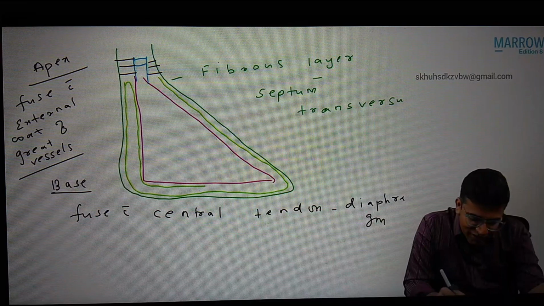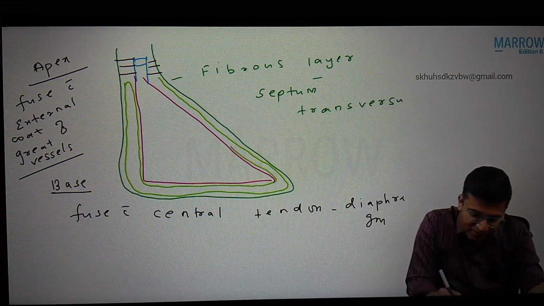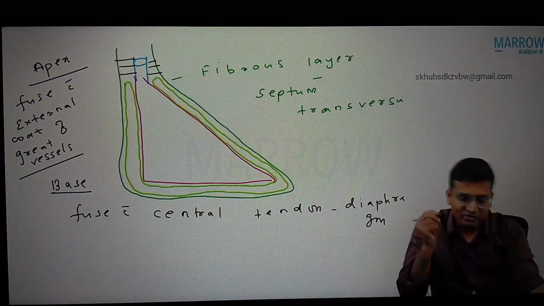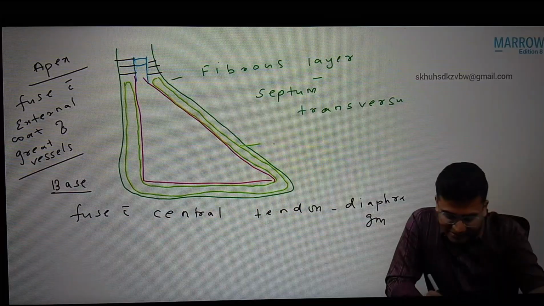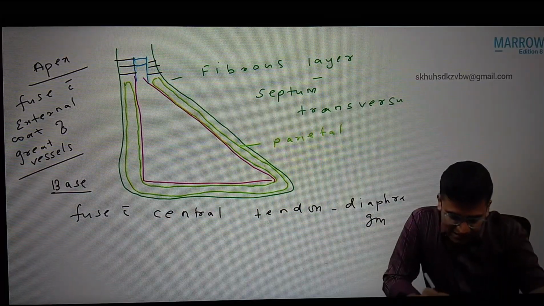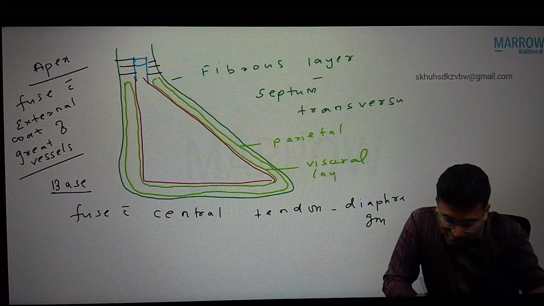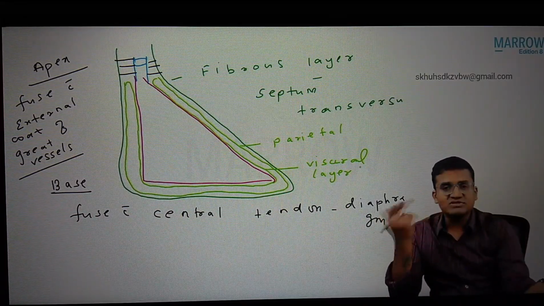The visceral layer is very close to the myocardium of the heart. Clear? So this is the parietal layer and this is the visceral layer.